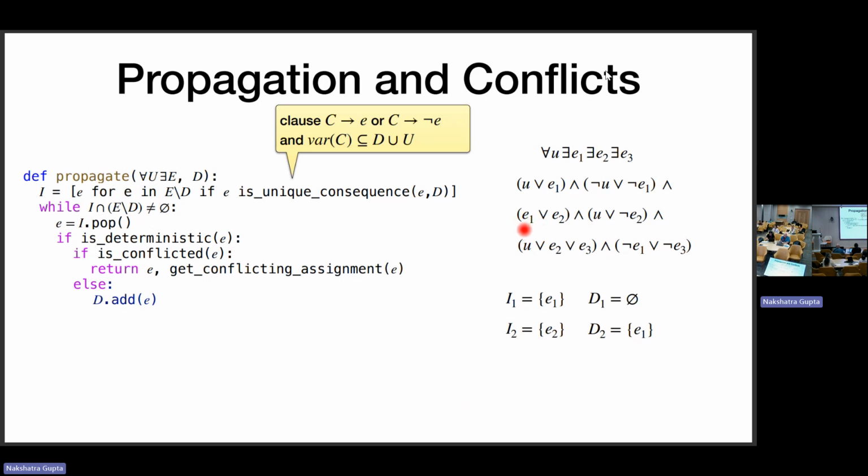If we look at the SAT call for determinicity, we're asking, is E1 and U satisfiable? Yes, that would be satisfiable on its own. So in that sense, the variable would not be deterministic.